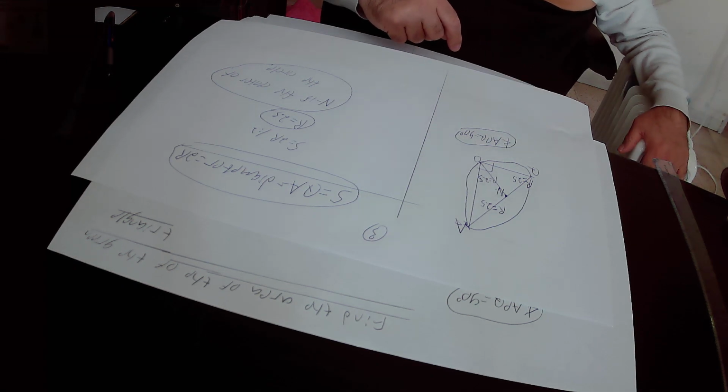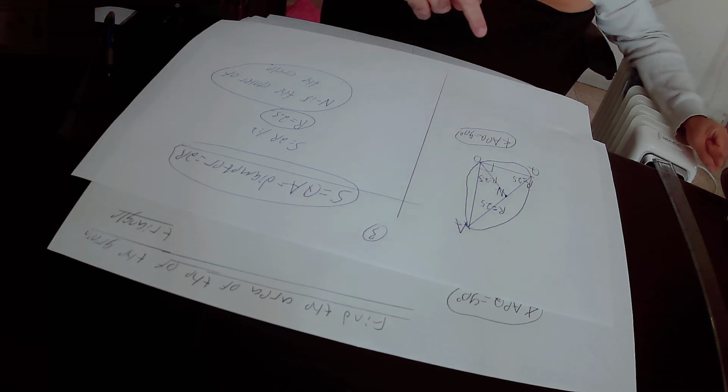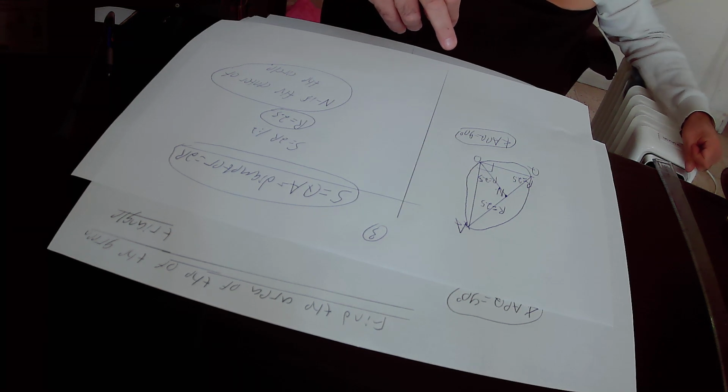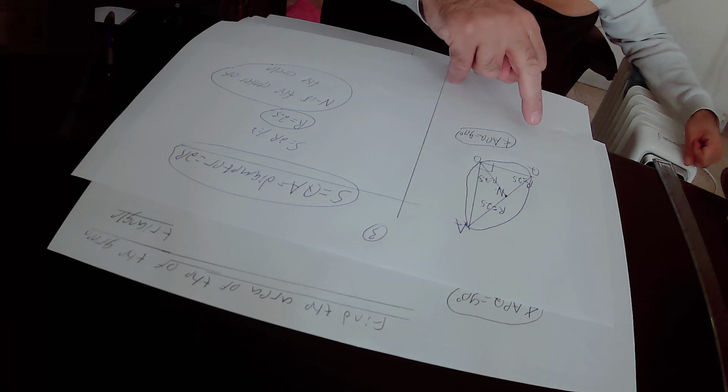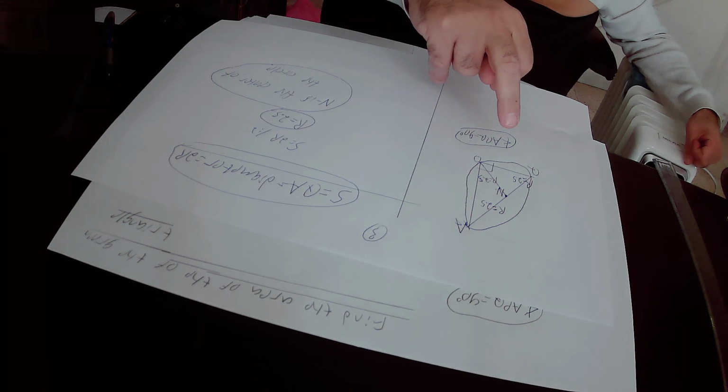Okay. Now, where is the center of this circle? According to the rule that the center of any circle is located at the point where the diameter is bisected into 2 halves, we know that the length of the diameter QA is 5. 5 over 2 is 2.5.